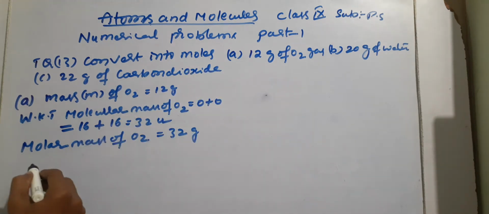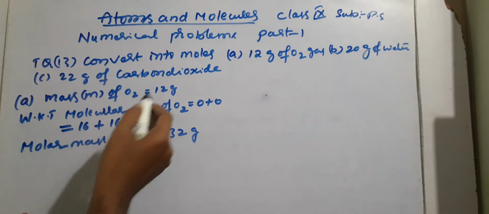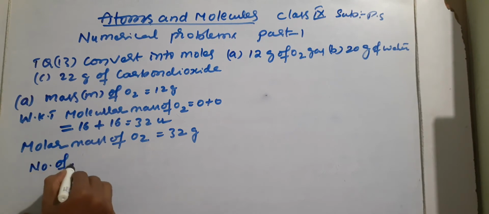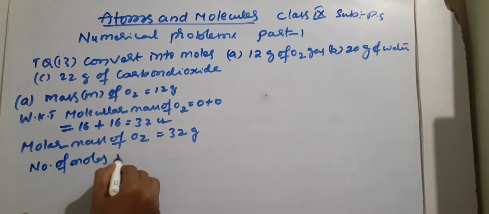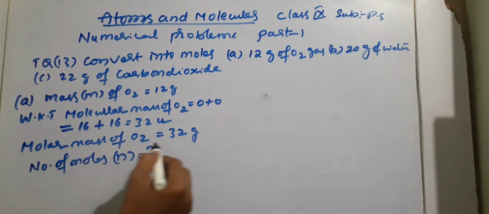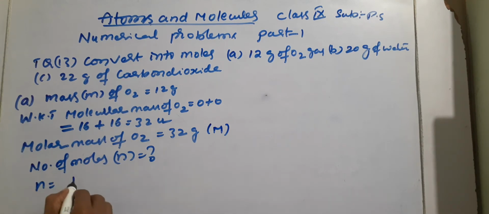Now we want to change this into number of moles. That is, how many moles of O2 are present in 12 grams of oxygen. Number of moles is denoted by N. Molar mass is denoted by capital M. N is equal to small m by capital M, students.